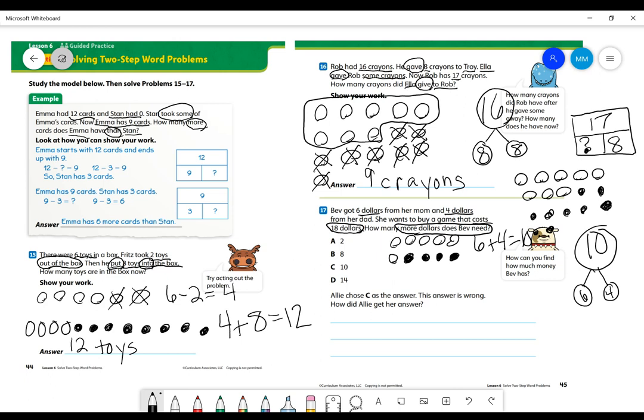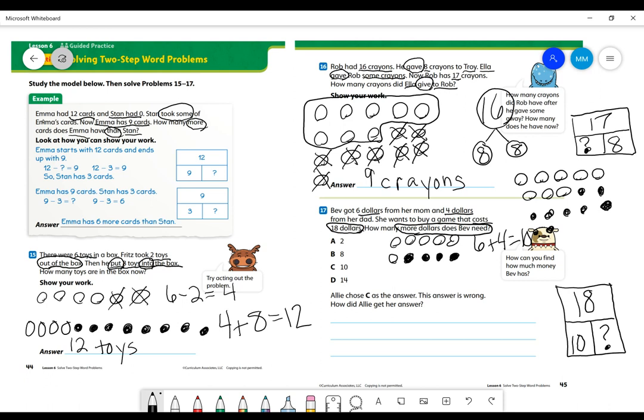Ooh, so what is the whole that we are trying to make? 18. So 18 is going to be that big number that Bev is trying to get to. How many dollars did her parents give her? They gave her $10.